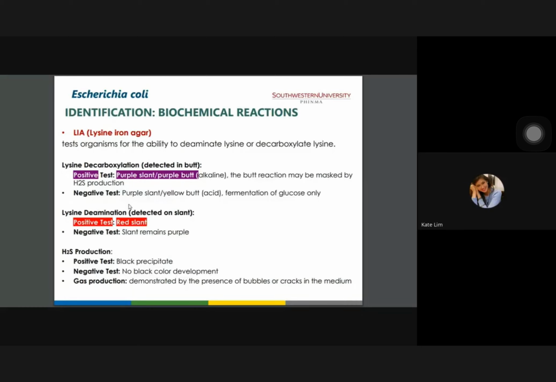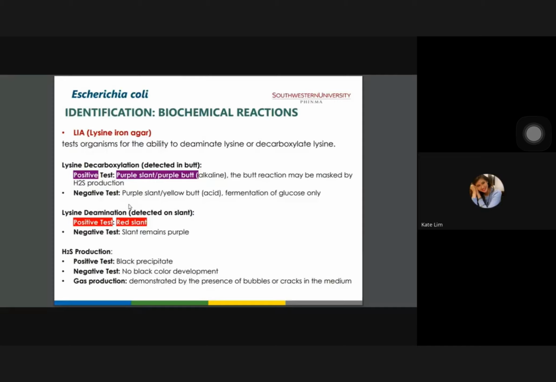How about lysine decarboxylation? For lysine decarboxylation, where do we look? We need to look at the butt of the tube. At the butt of the tube, we need to check the alkalinity. Why?